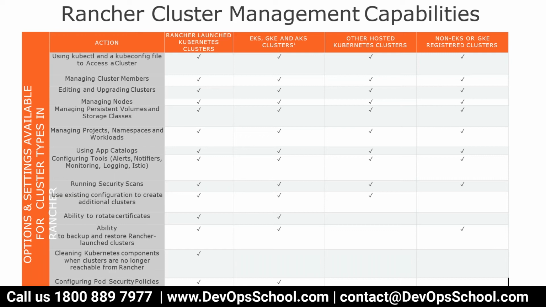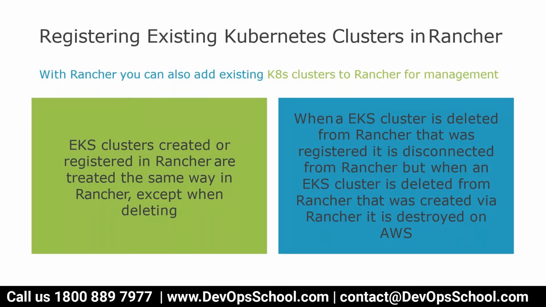Ability to rotate certificates is possible in Rancher, EKS, GKE, AKS, but not in other hosted Kubernetes clusters. Mind it here. Ability to back up and restore Rancher-launched clusters is there, and cleaning Kubernetes components when clusters are no longer reachable from Rancher, that's possible, and configuring the pod security. So yes, these are the capabilities you can see in Rancher.